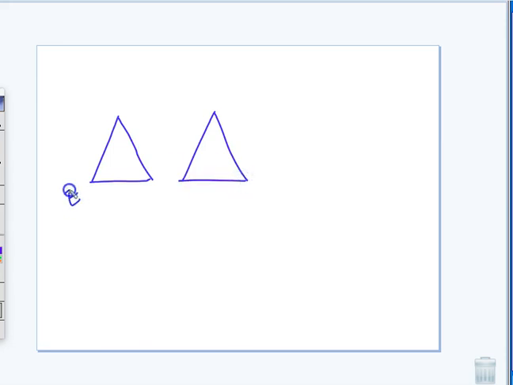I'm looking at triangle EFG, and then J goes with E, K goes with F, and L goes with G. And I'm given 3 pieces of information. I'm given that segment EF is congruent to JK. I'm given that segment FG is congruent to KL. I'm given that angle F is congruent to angle K.